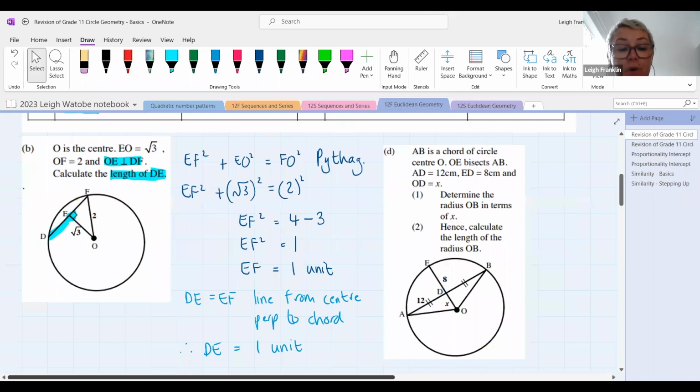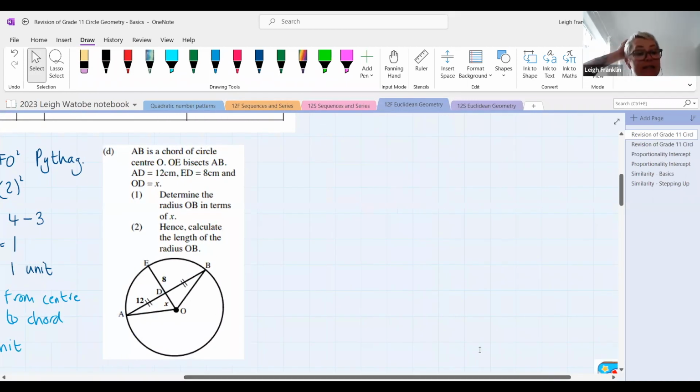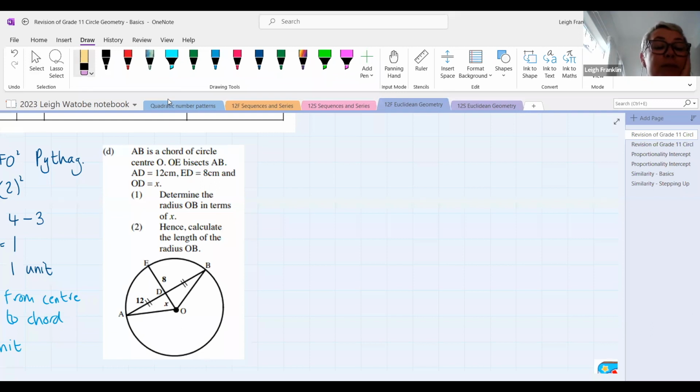So let's move over and have a look at this. They tell us that AB is a chord of the circle with center O. The other important piece of information that they give us is that OE bisects AB. OE bisects AB. What does the word bisect mean?